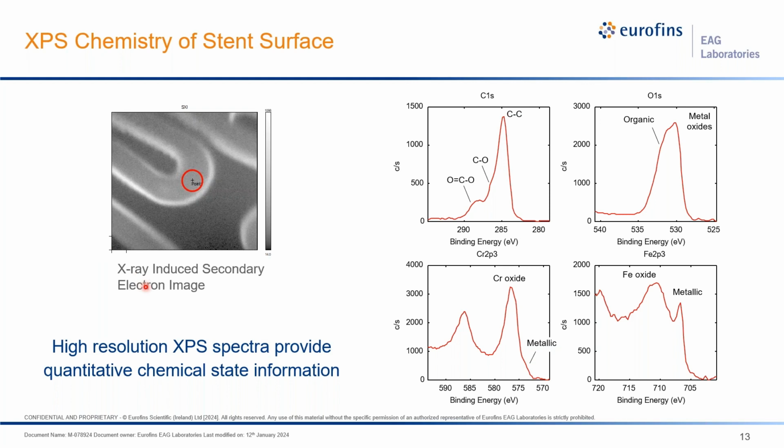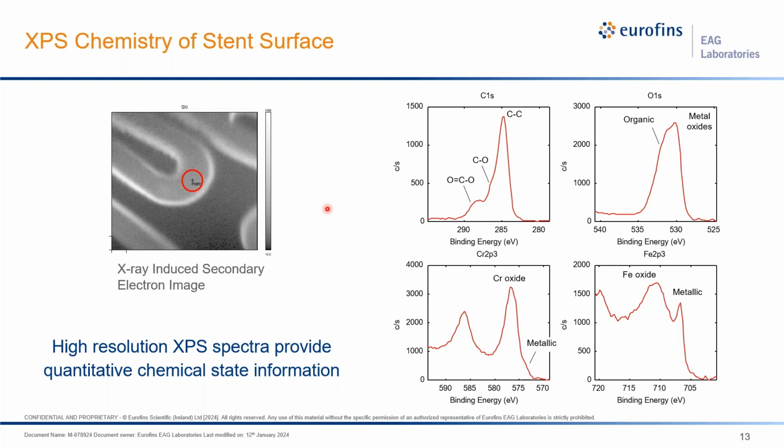But still, from this small area of this stainless steel stent, XPS is showing the difference between metallic iron and iron oxides, metallic chromium and chromium oxides. In the carbon spectra, we can see various carbon functionalities, hydrocarbons and carbon oxygen functionalities.